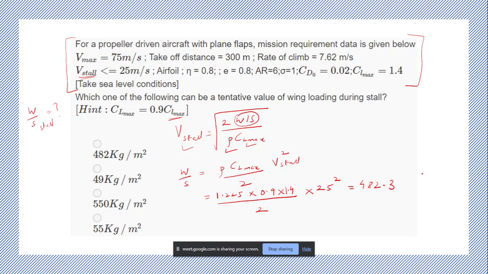What is the unit here? Kg per meter square is the one given in the answers, but what is the unit that we get here? W is given in, this equation is valid, it's given in newtons, right? So it will be in Newton per meter square. Convert it to kgs. So what will be the value per meter square?